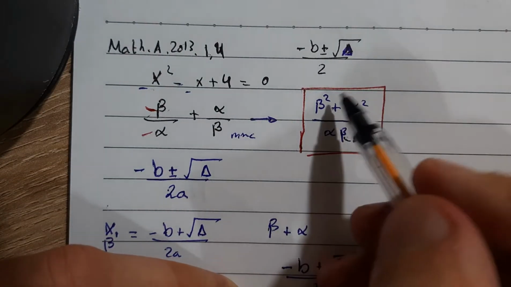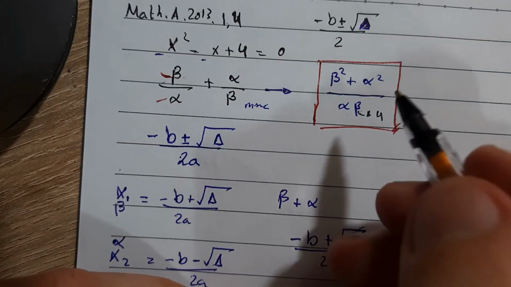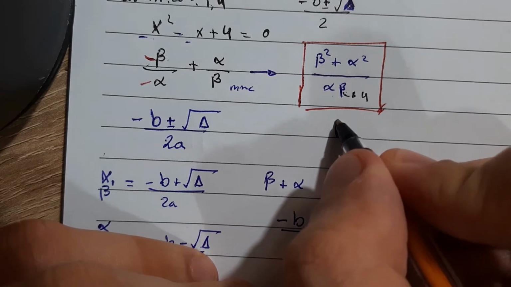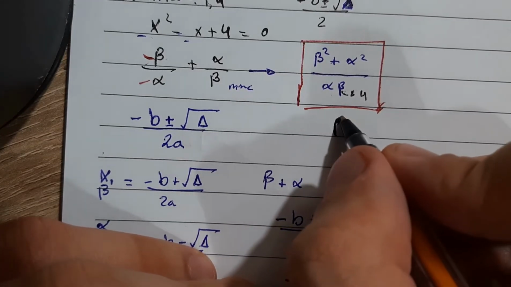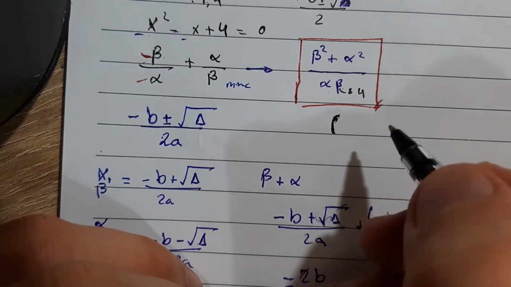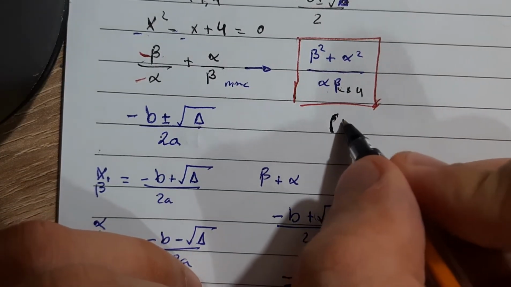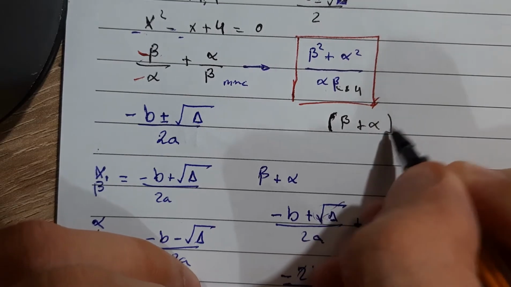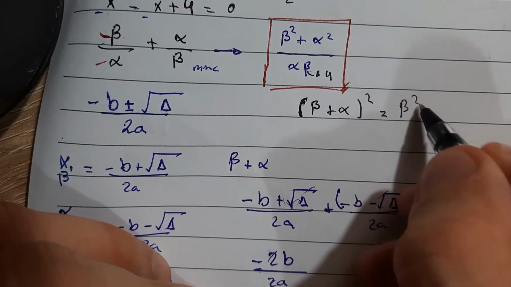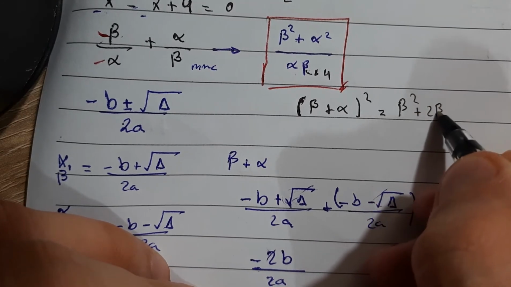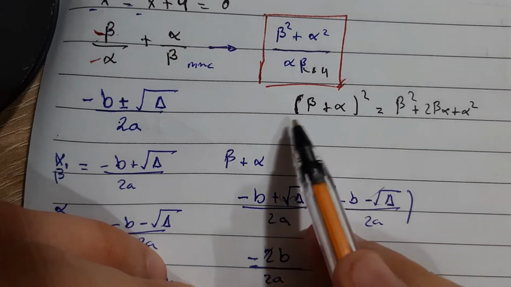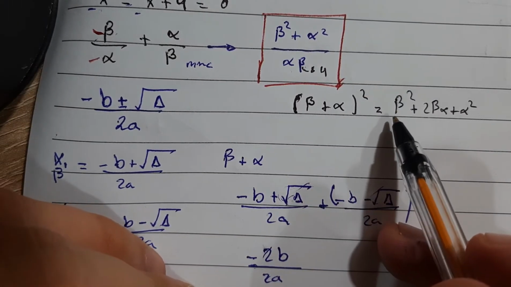So what is this? So we will need to play with factoring now. Look. And this, like, the only tip that I can tell you to see this is by solving a lot of exercises. So look, beta plus alpha squared is equal to beta squared plus 2 beta alpha plus alpha squared, right?